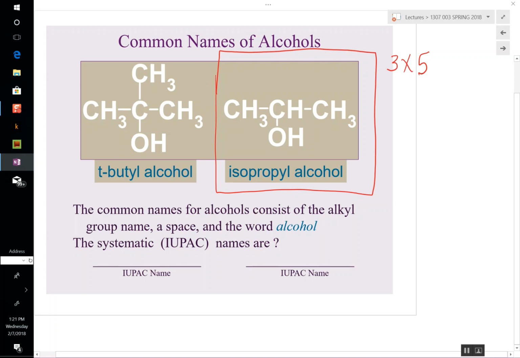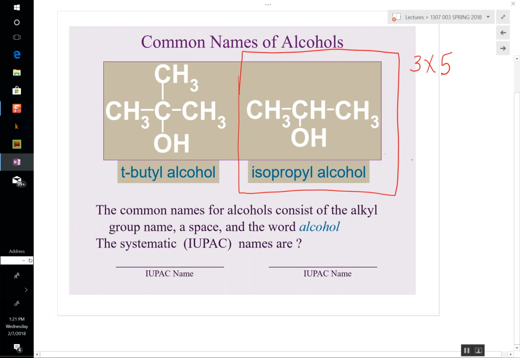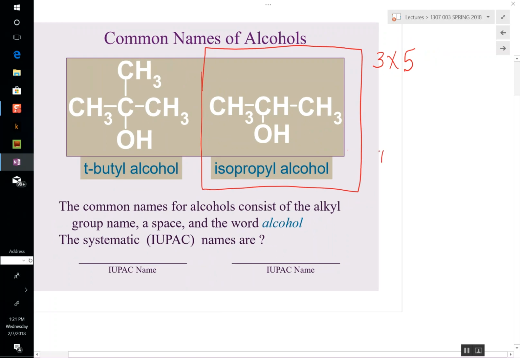So it's isopropyl alcohol, or isopropanol, or rubbing alcohol. Now the other thing you're going to want on your 3x5 card, you should probably have all those names on there: isopropanol and rubbing alcohol.